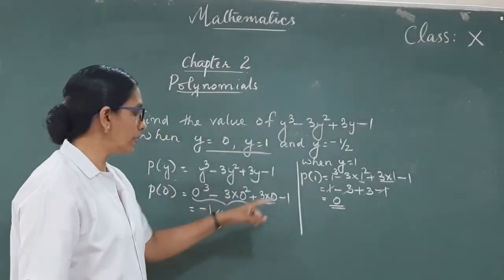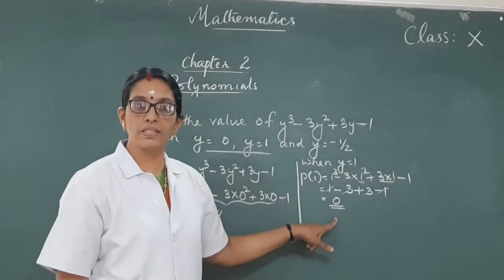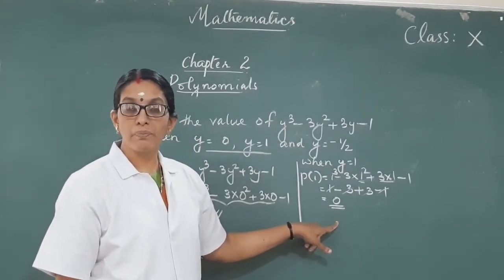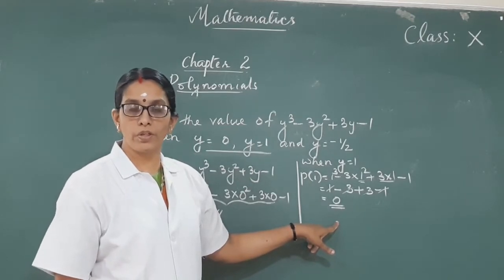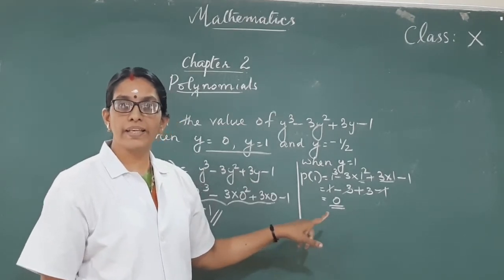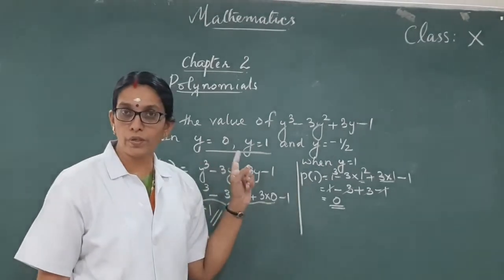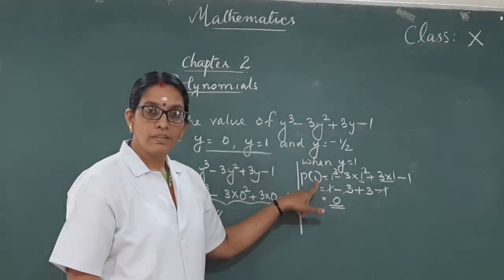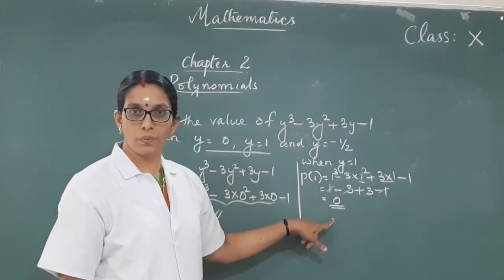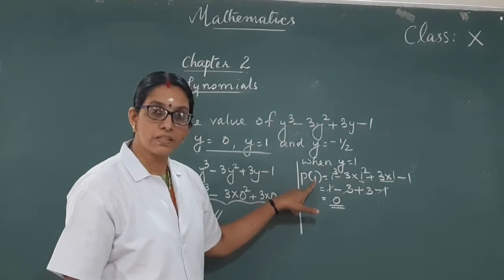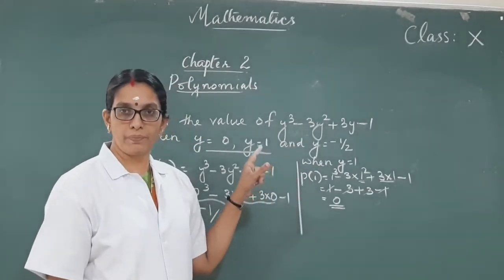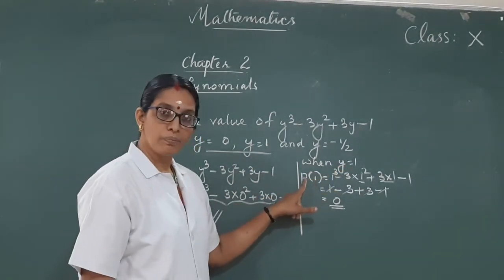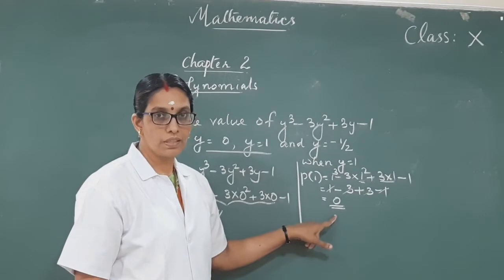So here what we got? p of 1 is equal to 0. In the previous video, we have discussed about zero of a polynomial, isn't it? Which value can be called as zero of a polynomial? For which value of the variable the polynomial value becomes 0, that value of the variable is called zero of the polynomial. So here when we put y equal to 1, the polynomial value we got as 0.